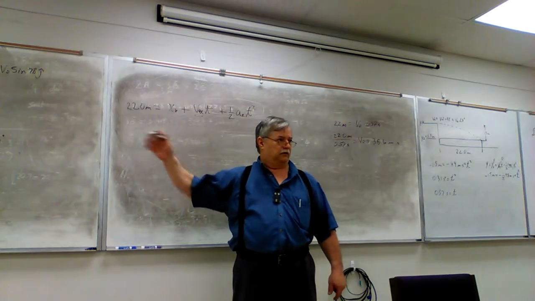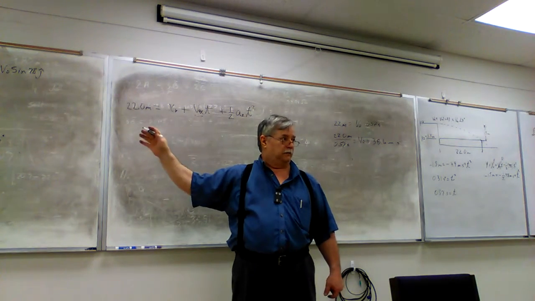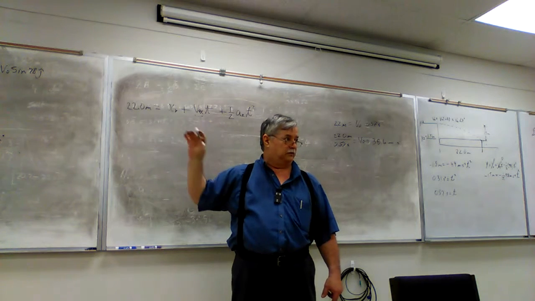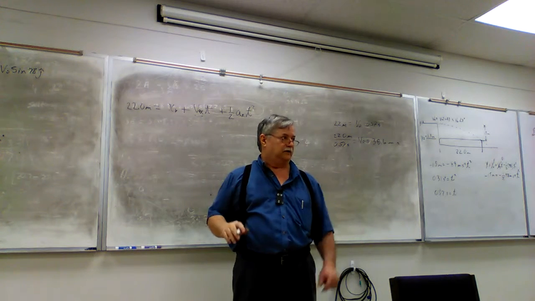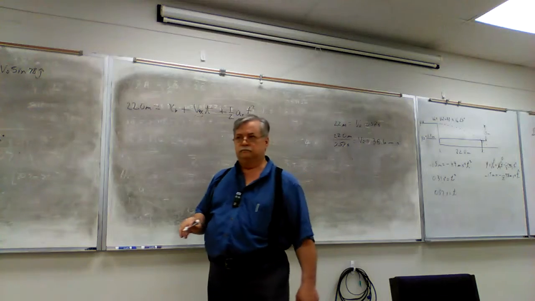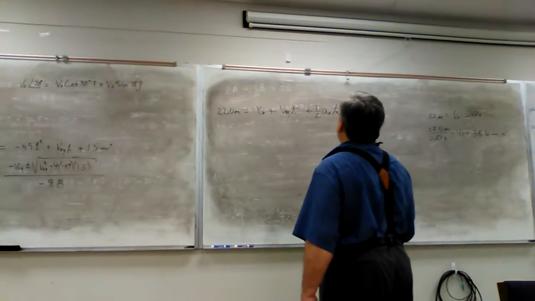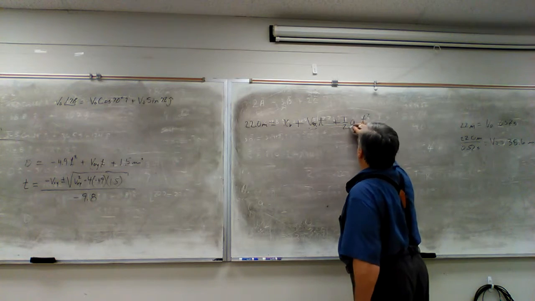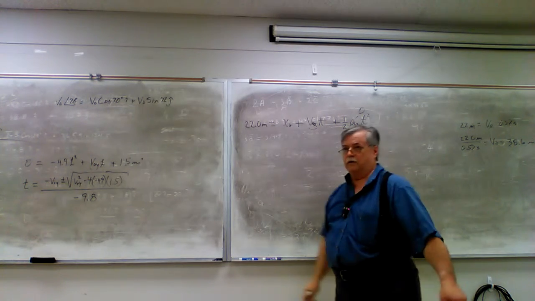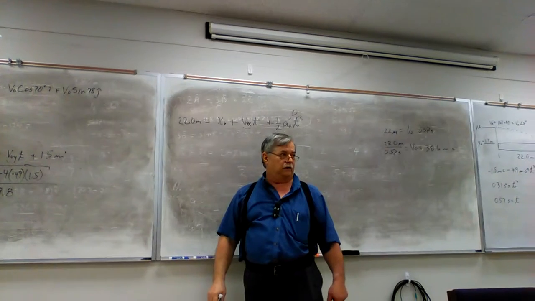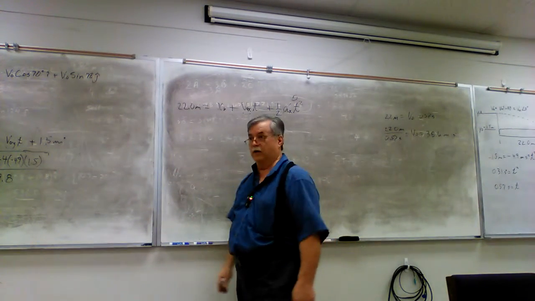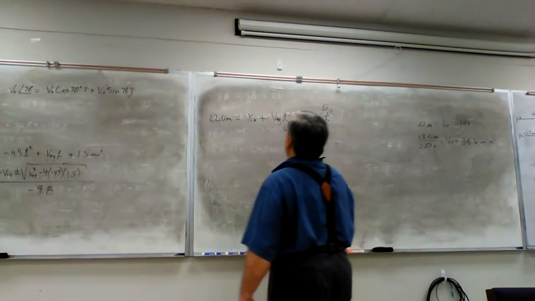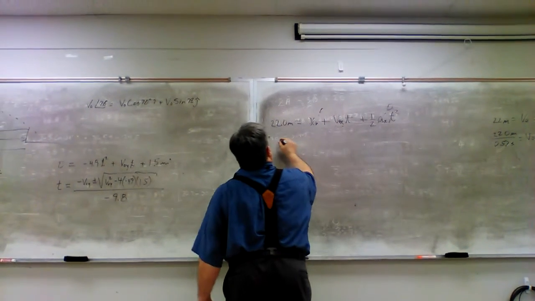So even though they look like two different unknown variables in these two different equations, we can write them as a single one. We know that there is no acceleration in x once he leaves the ramp. There's nothing. And this is 0.